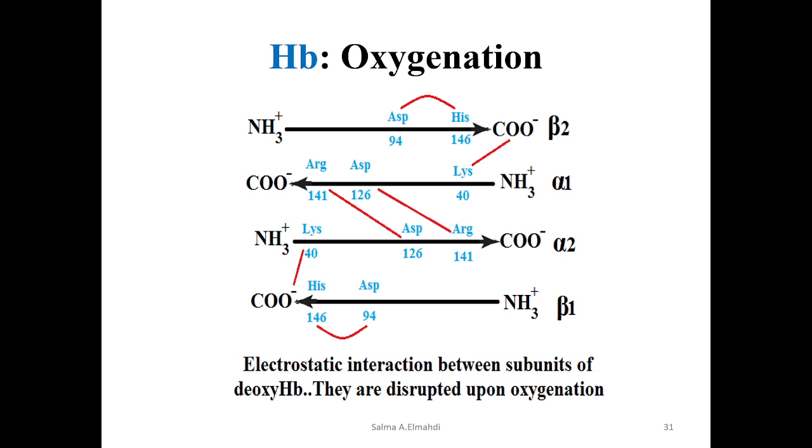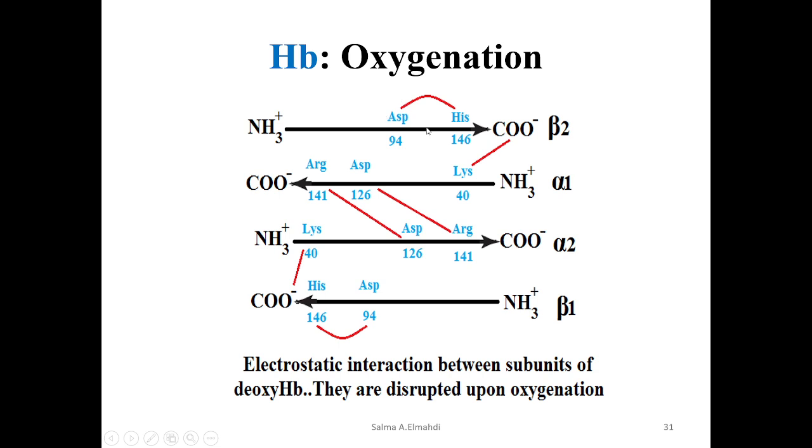Salt bonds, or salt bridges, are formed between positive and negative entities. So between aspartate here, a negatively charged amino acid, and histidine here, a positively charged polar amino acid, between the negatively charged carboxyl group and a positively charged residue, and so on.